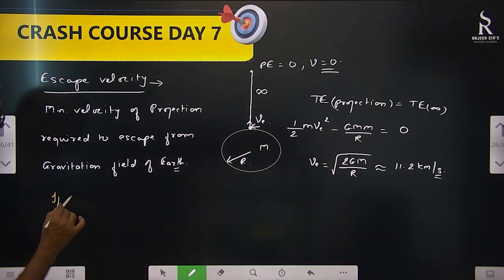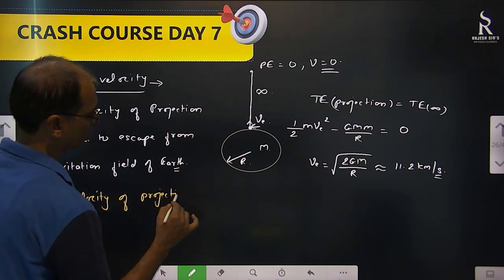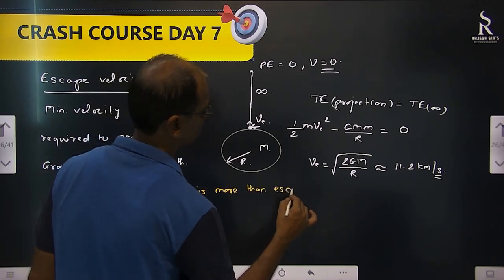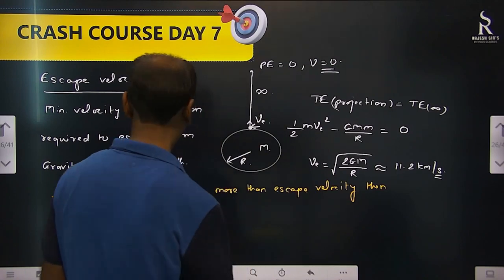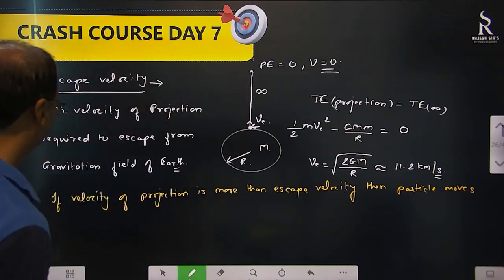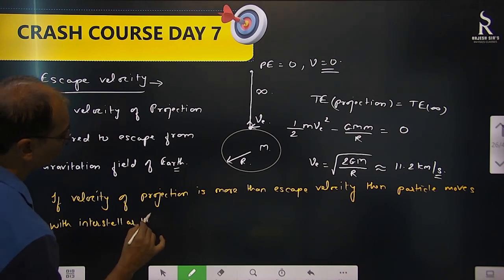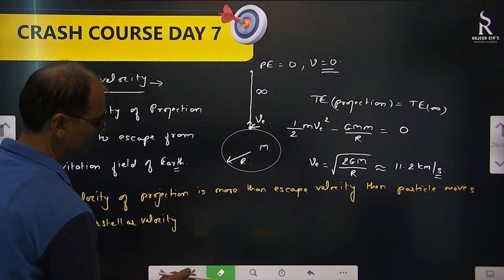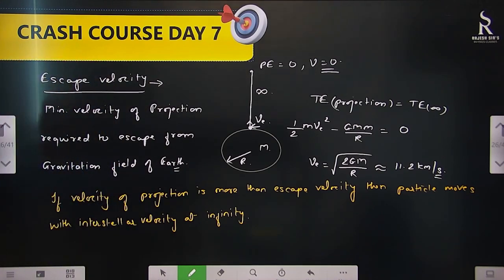If the velocity of projection is more than escape velocity, then the particle moves with interstellar velocity in vacuum, at infinity. So it will be moving with interstellar velocity.